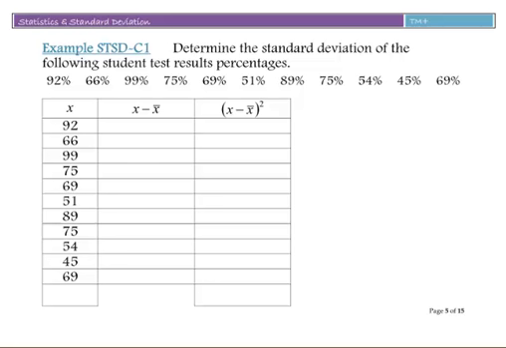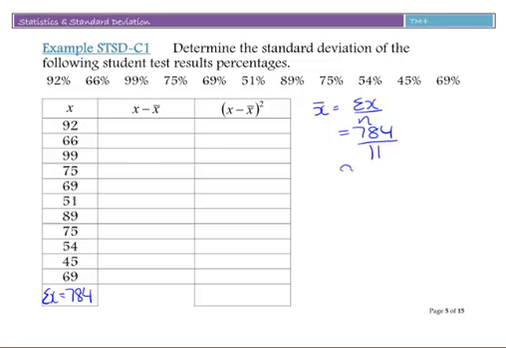I have my x filled in. To find x minus x bar, I need to work out the mean. The first step is to calculate the sum of x, and in this case it's 784. So our mean is the sum of x over n, so 784 divided by how many results? 1, 2, 3, 4, 5, 6, 7, 8, 9, 10, 11.